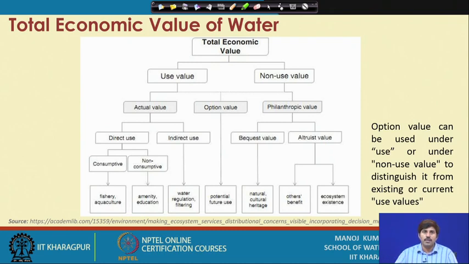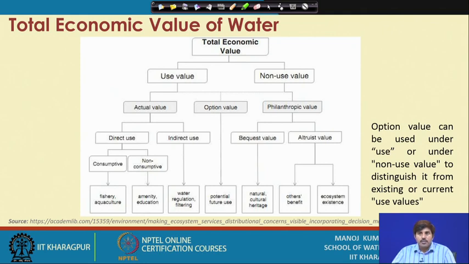This will be clearer when we talk about what exactly is covered under option values. Actual use values include direct uses and indirect uses. The direct uses are consumptive, where one is consuming water in some form, and there are non-consumptive ones. The indirect uses are where we are using water, but not in a direct form.